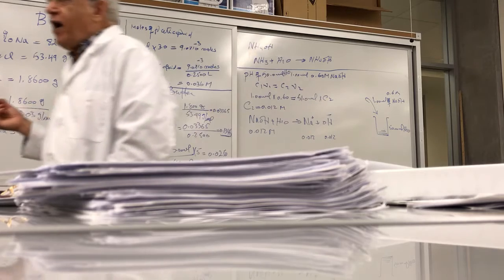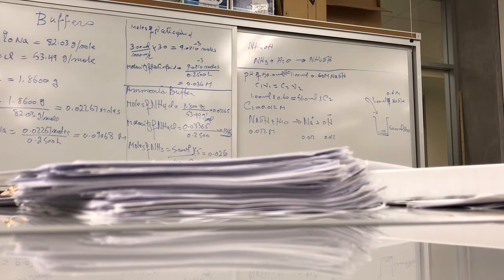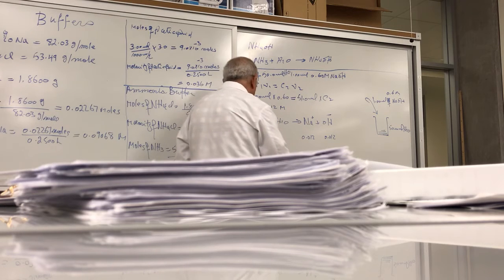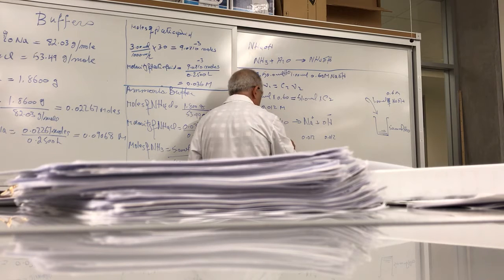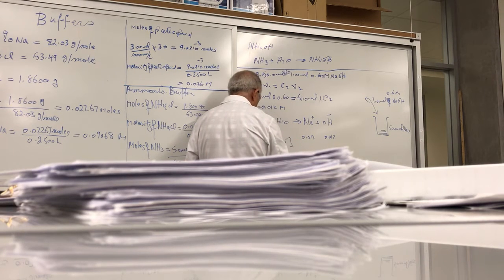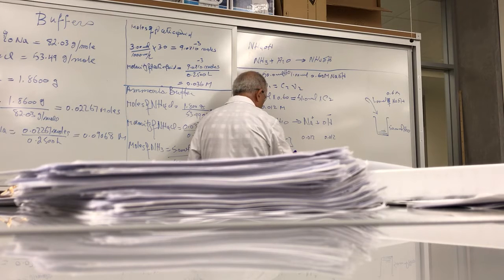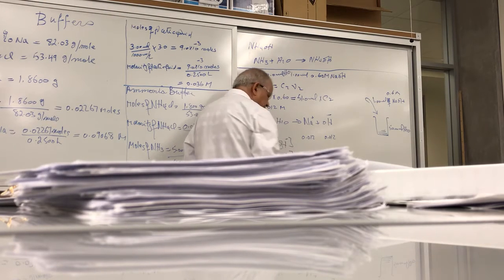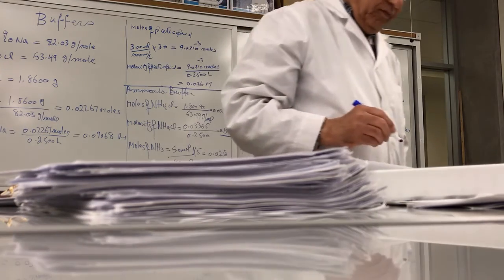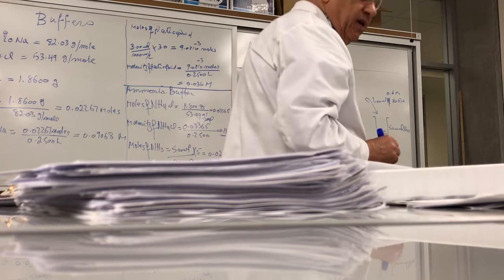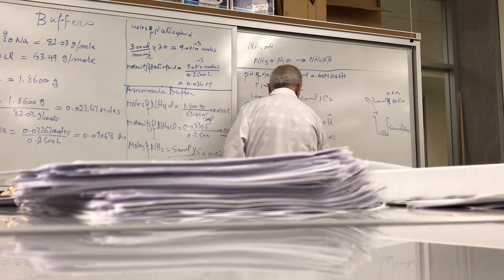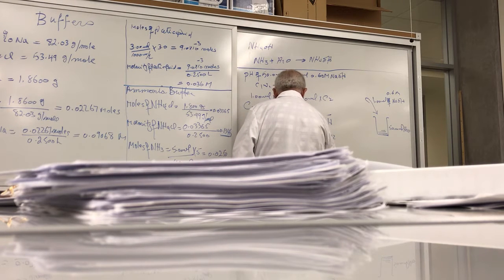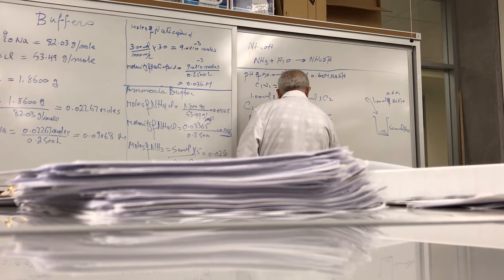We need to find the pOH and then subtract from 14. Because this is a sodium hydroxide solution, pOH equals minus log of the OH minus concentration, equals minus log 0.012, and it comes to 1.92. And you know that pH plus pOH equals 14 for any aqueous system.